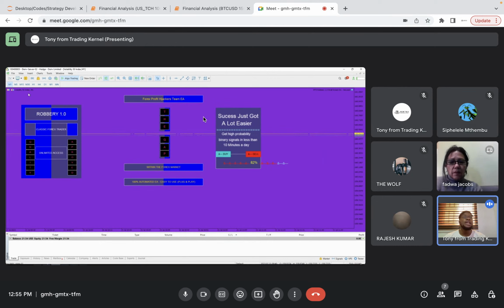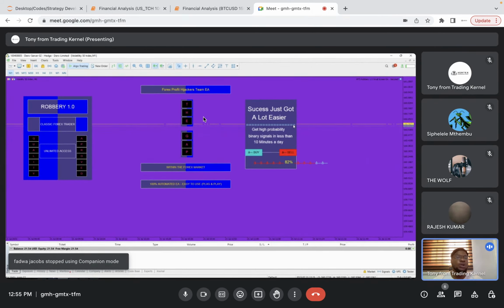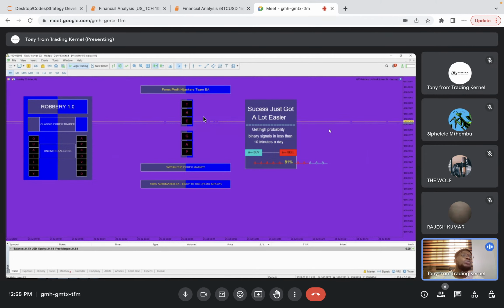So if it's an uptrend, for example, we have an uptrend here, it's going to place buy limit orders below the price. When the price comes down to trigger those buy limit orders, it's going to open multiple trades, in the hopes that the price is going to go up. So that's what we have seen about the Robbery 1.0, and that's what we are currently looking at the moment.